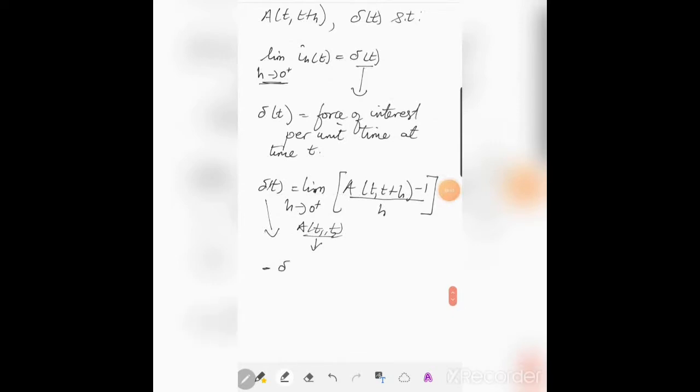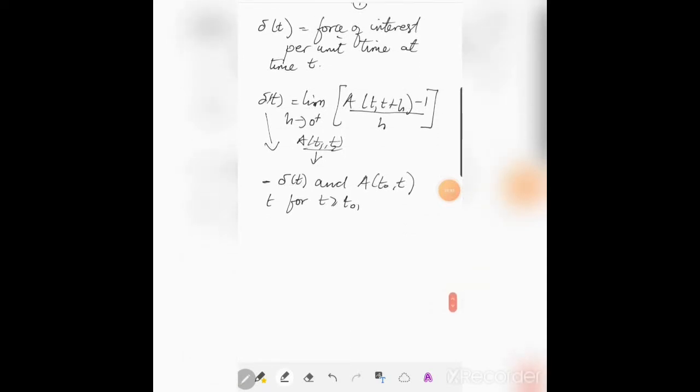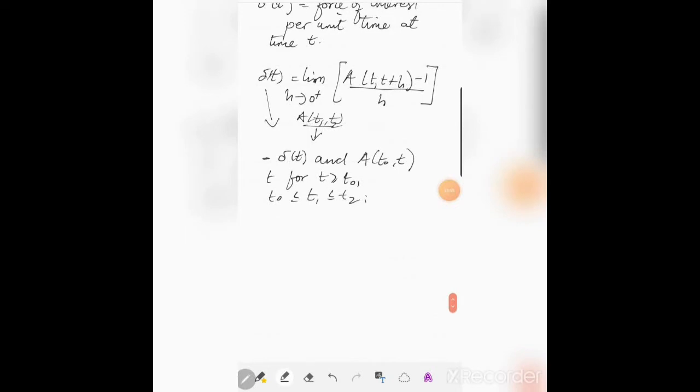If the force of interest delta t and the accumulation function a(t naught, t) are continuous functions for t greater or equal to t naught, and the principle of consistency holds for t naught less or equal to t1 less or equal to t2, then we can say that the accumulation a(t1, t2) is nothing but the exponent of the integral from t1 to t2 of the force of interest delta t dt.